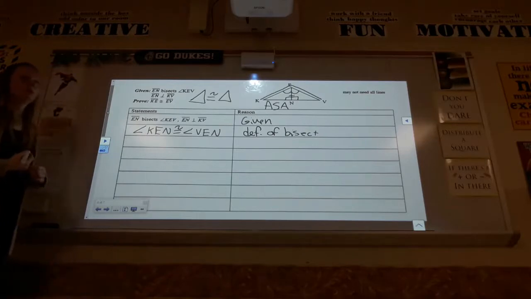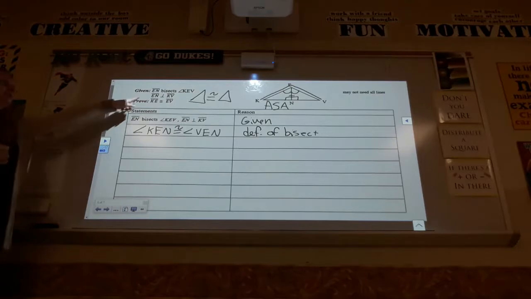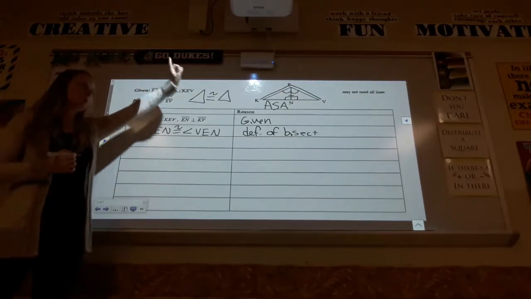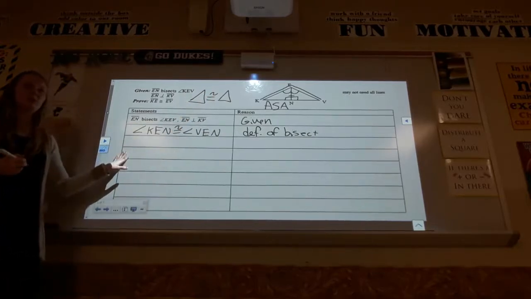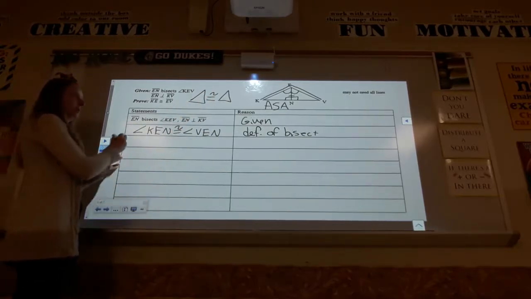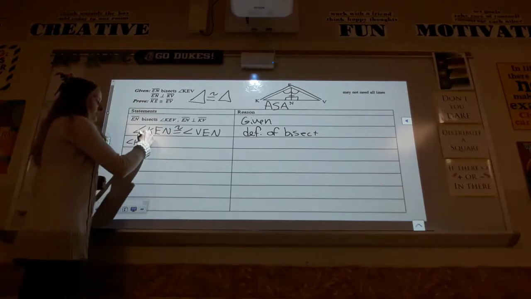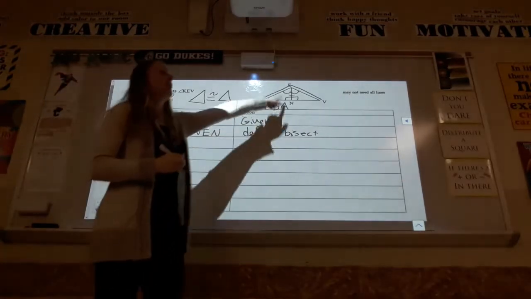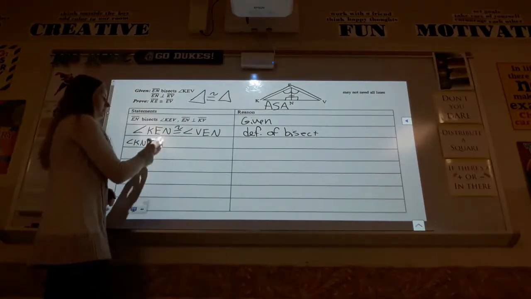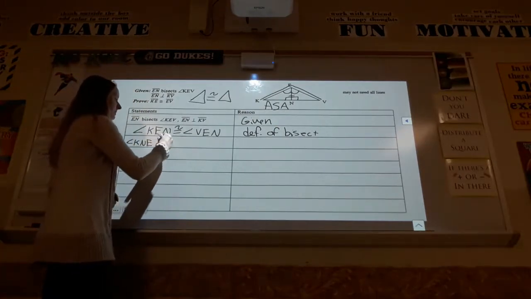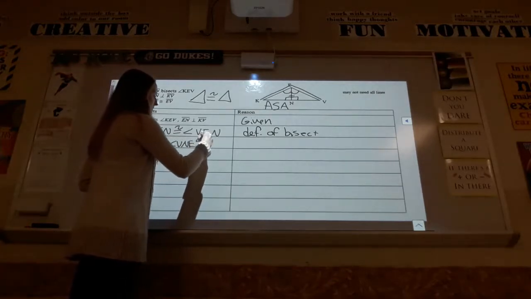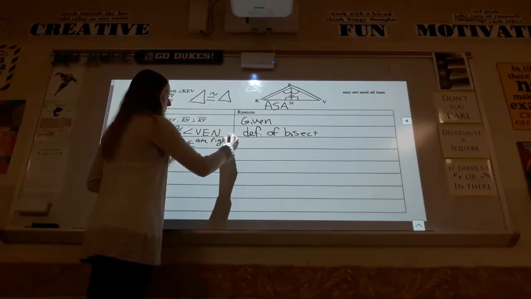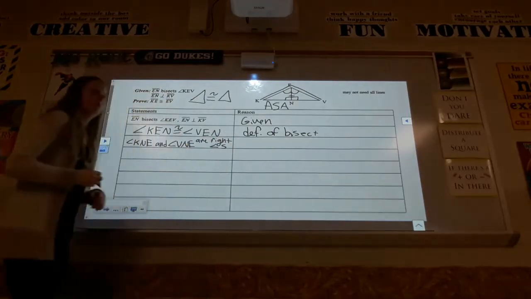What do we get next? When you guys saw this next given, what was the first thing that you thought? Right angles. So how would I express that within the proof? Okay, so angle KNE, this angle right here, and angle VNE are right angles.